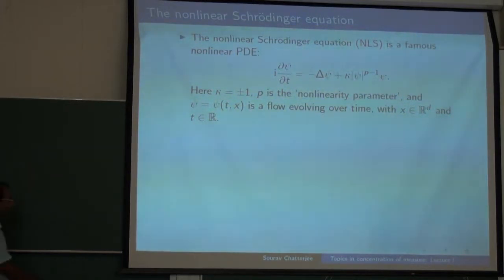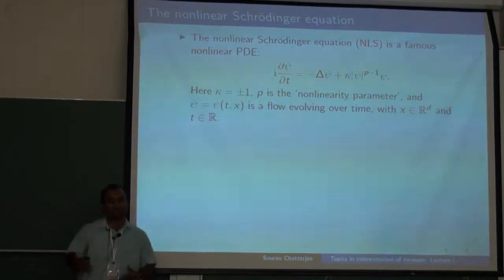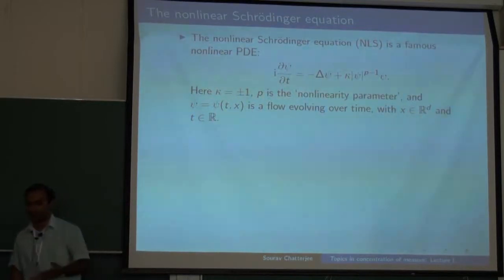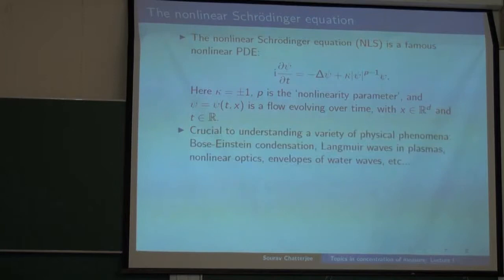That's the simplest form of the nonlinear Schrodinger equation. The PDE people study various equations, and this is one of them, which is widely studied. It's a prototype of nonlinear dispersive equations. And it is important to understanding a variety of things of which I don't know much, but this is what I read.